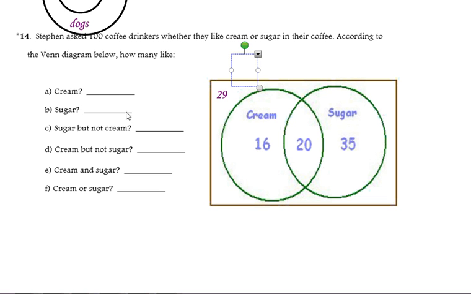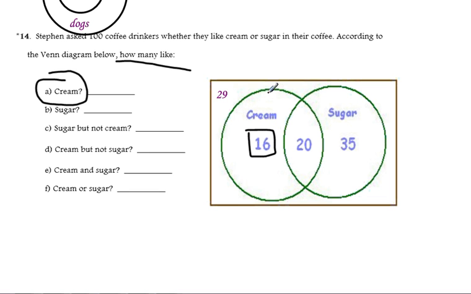All right. So now let's really digest this situation. How many people like cream? Remember when you're reading a Venn diagram, anything that is touching or not touching, but is inside the cream circle counts as a cream. So how many people like cream? Well, there's these people here who are inside the cream circle. And these 16 people only like cream.